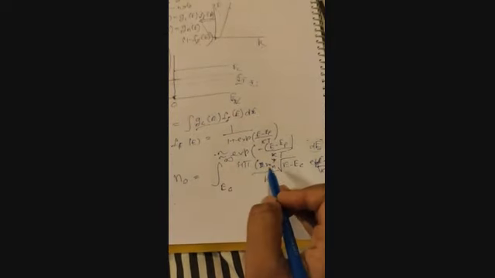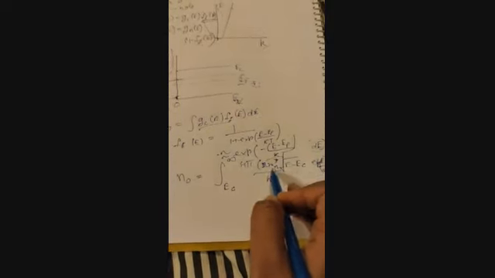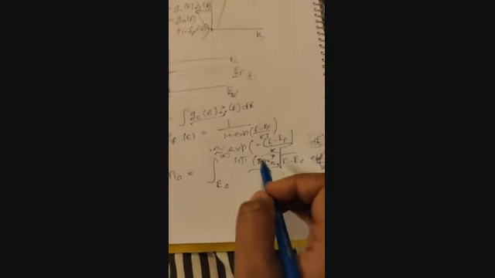What is mn asterisk? mn asterisk is the effective mass of the electron.